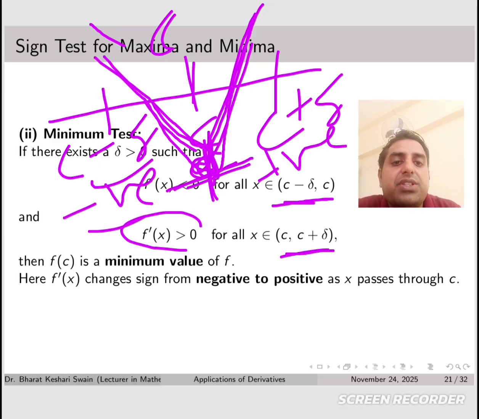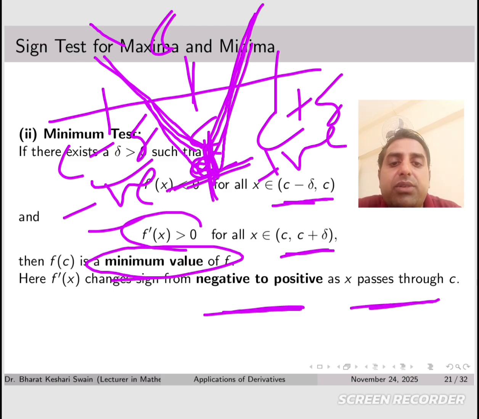Negative to positive. So if your f dash x changes its sign from negative to positive as x passes through C, then we will get the minimum value of f, and that occurs at C, and the minimum value is f of C, because C is the critical point. That is your extreme point, or it is also the critical point.